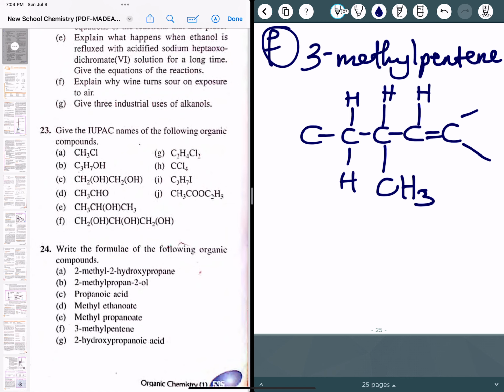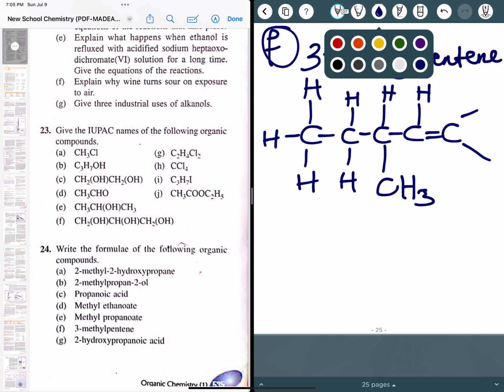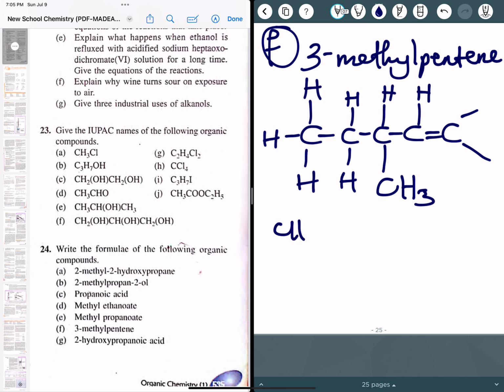We now complete the remaining bonds with hydrogen. That's 3-methylpentene. So if I'm writing the molecular formula now, it will be CH3CH2CH(CH3)CH2CH3.